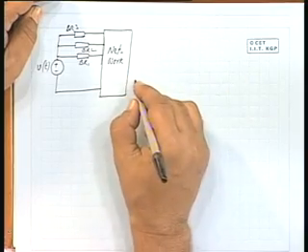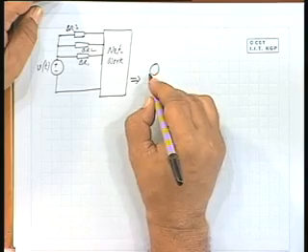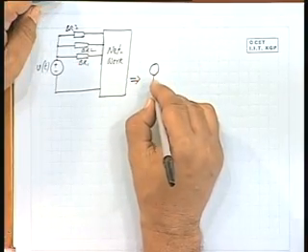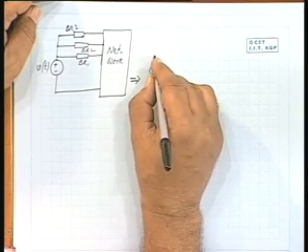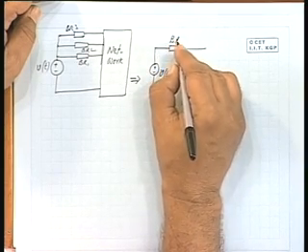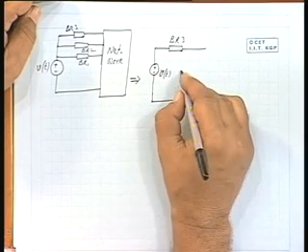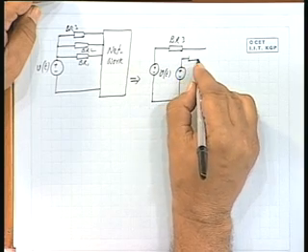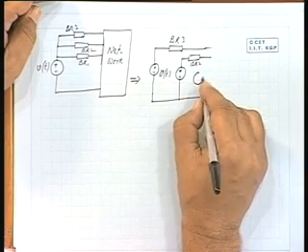Now, this can be equivalently represented as if I am connecting all these branches separately by different voltage sources of the same magnitude. It is possible. This is branch 3, this is branch 2, this is branch 1.